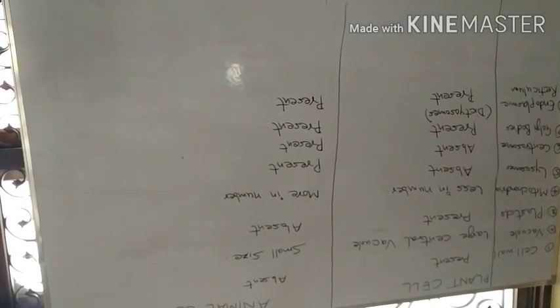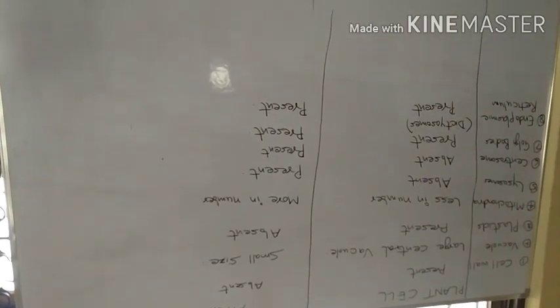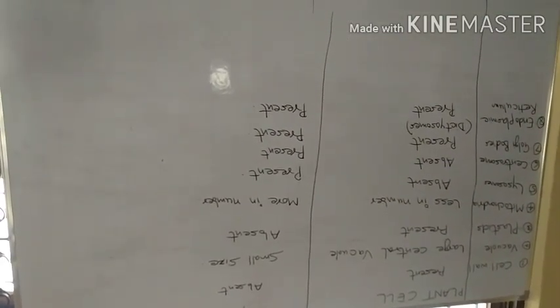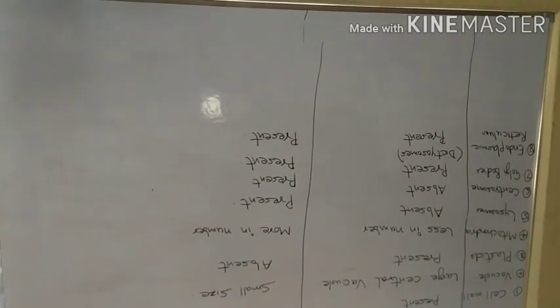So these are the points of difference between a plant cell and an animal cell. Everything I have discussed. And now, in many animal cells, flagella is also present. Additional structure, flagella.